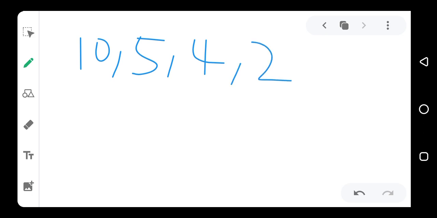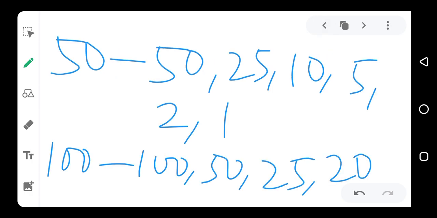And also 1 can divide 100. All these numbers are the factors of 100, the numbers that can divide 100 without giving any remainder.